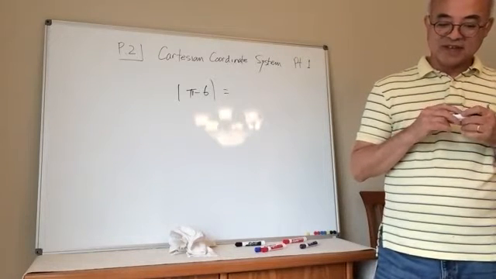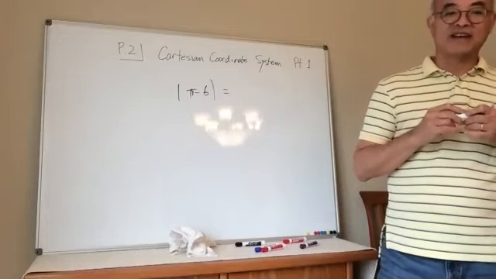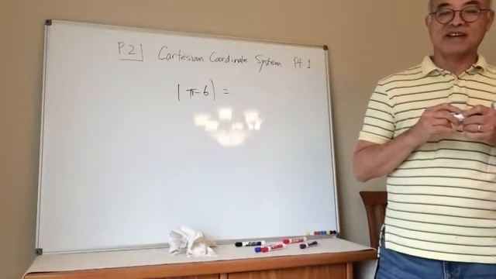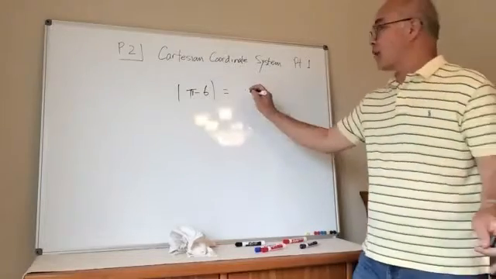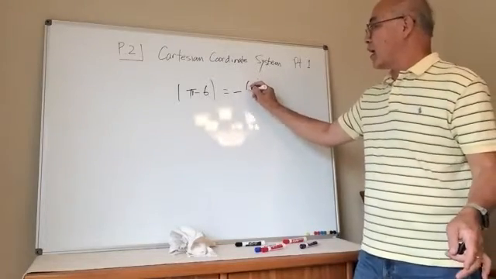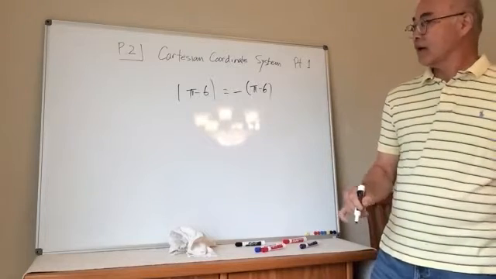Well, pi minus 6 is negative. Correct. So this is about the negative of the original value, correct? Just like we talked about, right?